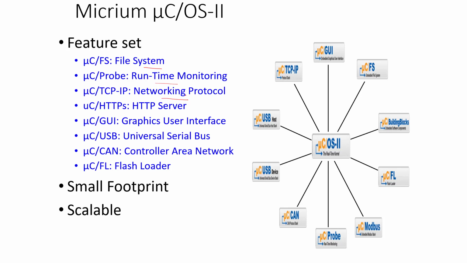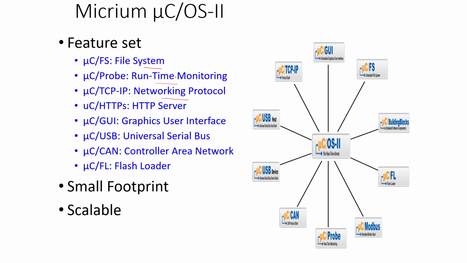Plus, many of these things also come with add-ons, so they don't really come within the 5,500 line budget. We need to get additional add-ons and install them on top of the basic muCOS 2 kernel.